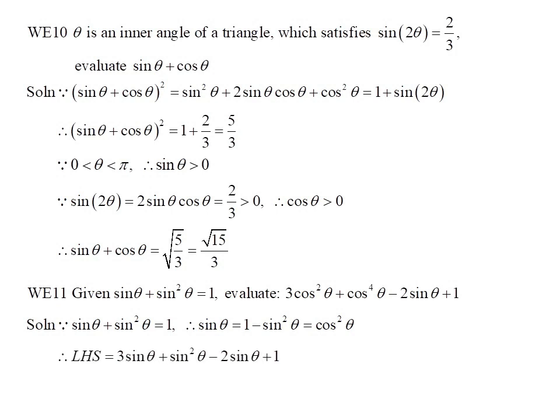So the expression equals 3 sine theta plus sine squared theta minus 2 sine theta plus 1, which equals sine squared theta plus sine theta plus 1. We know from the above given criteria that it equals 1 plus 1, which equals 2.